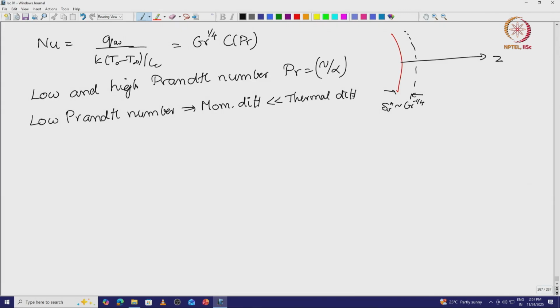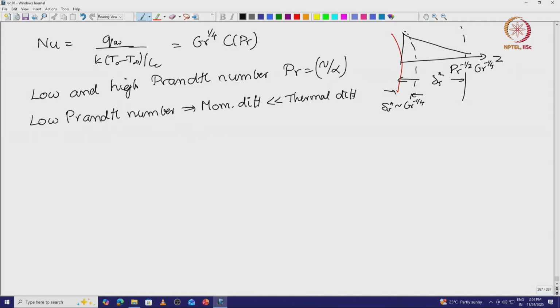However, thermal diffusion is much faster. So, the temperature field decreases over a much longer distance, and the thermal boundary layer thickness goes as Prandtl number to the minus half times the Grashof number to the minus 1/4. So, the momentum diffusion is over a much smaller distance, and thermal diffusion is over a much larger distance.